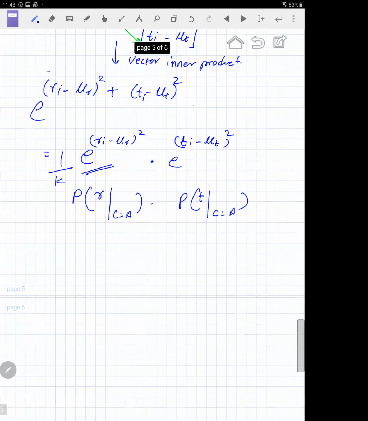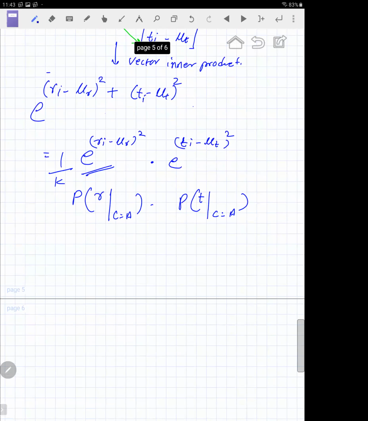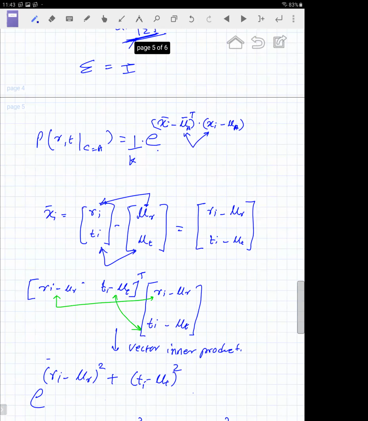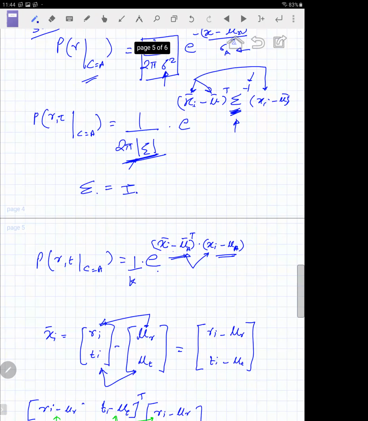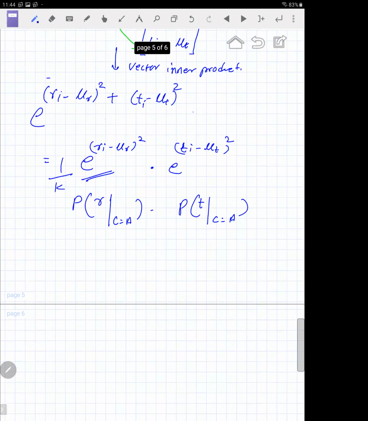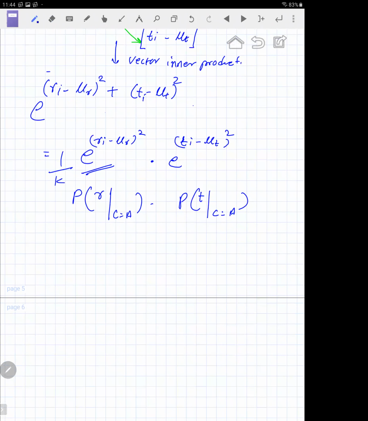But in essence, what you saw is that because of the assumption of the covariance matrix being identity, we could just remove it and collapse the distribution into the inner product of these two vectors, which resulted in our ability to express the joint distribution as a product of two distributions now.